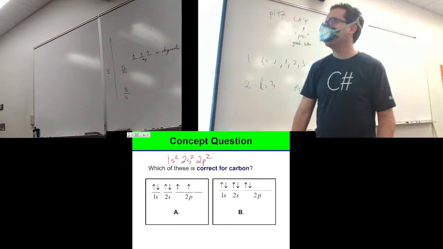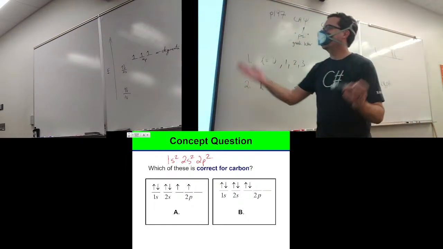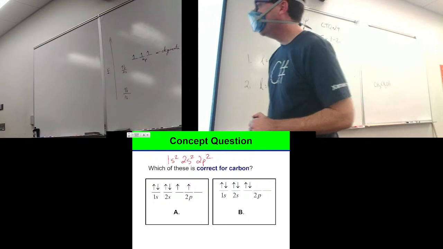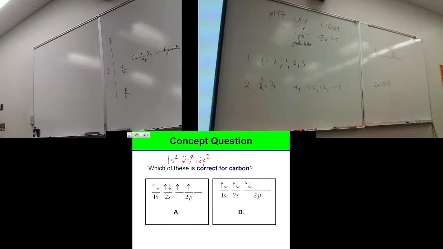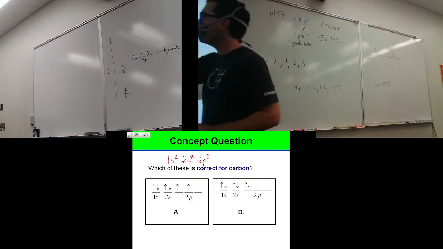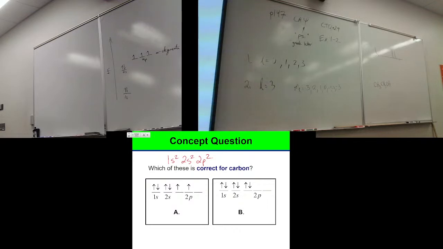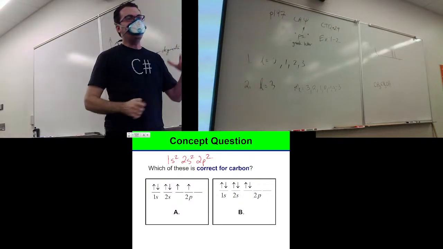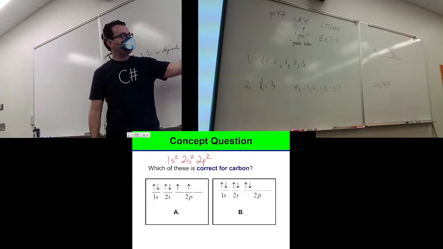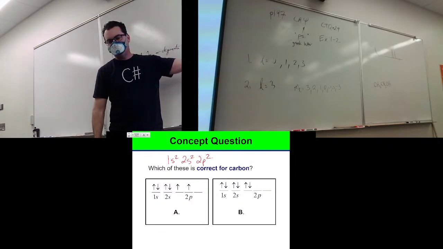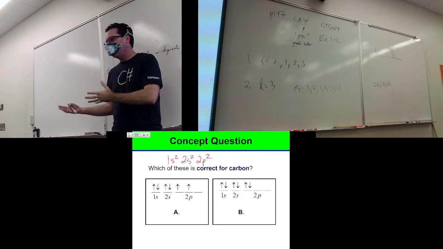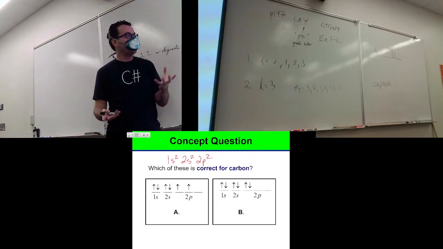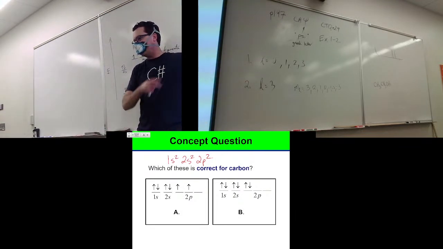So which one of these is correct for carbon? I guess we'll not put it on there right now. But carbon has 6 electrons in it, right? It's element number 6. Take a look and make sure you're seeing the full electron configuration, or whether you're looking at the valence electron configuration only. This is including the 1s state, so that's the whole thing.